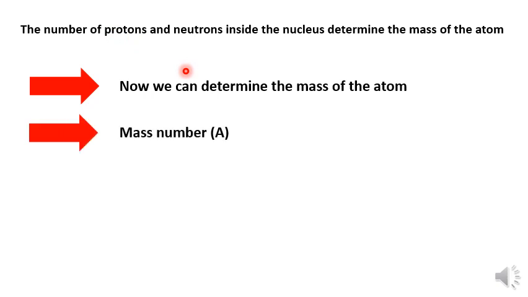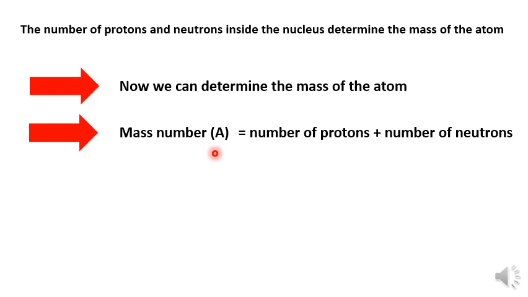So the mass, now we can represent it with the mass number, and we symbolize it with the letter A, which is equal to the number of protons plus the number of neutrons, because both of them have masses. So this is all of our lesson today.